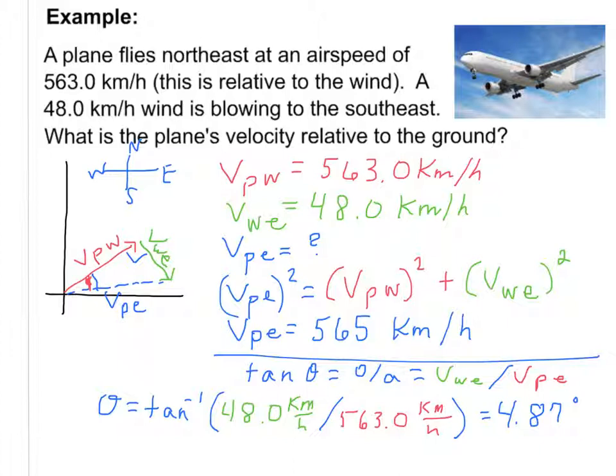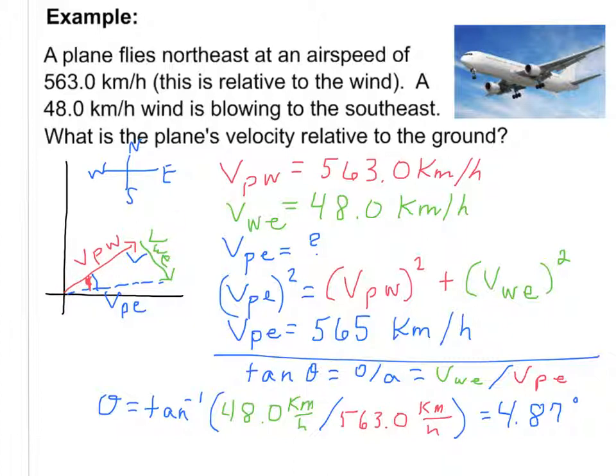What does that mean? Well, if we look at our diagram, 4.87 degrees is theta right here between the pink line and the blue line. That's our theta. That means I'm 4.87 degrees east of northeast, if that's directly northeast.